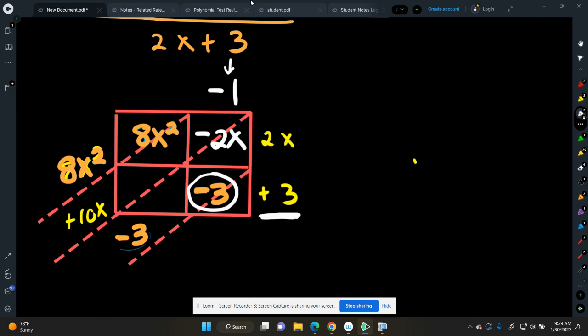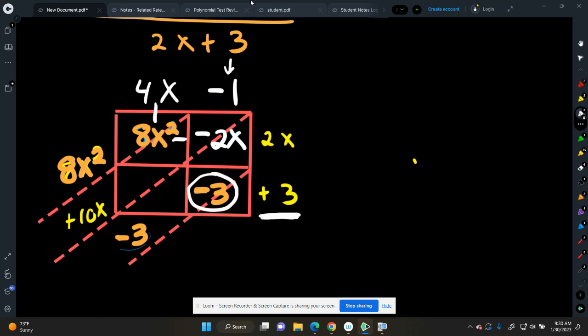What did I have to multiply the 2x by to make it an 8x squared? What is it, Allie? 4x. How do we know that? Because 4x times 2x equals 8x squared. Now I can figure out this last little corner.